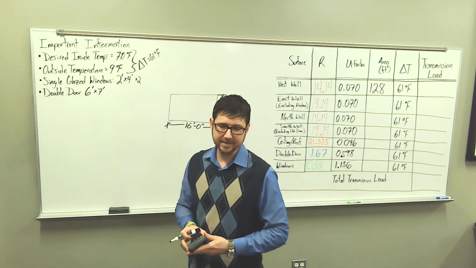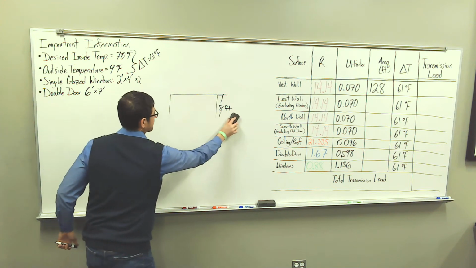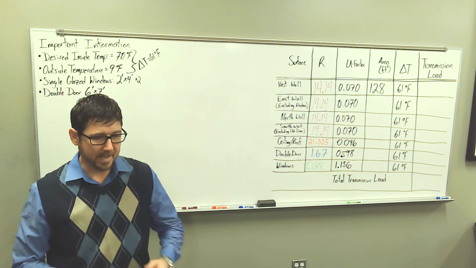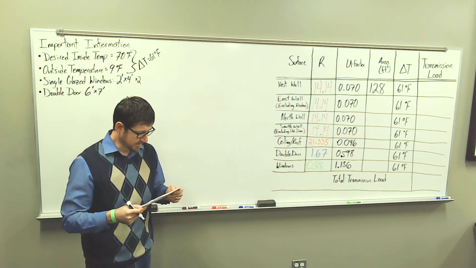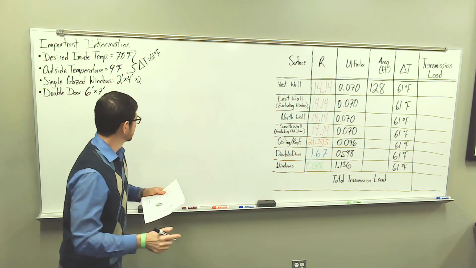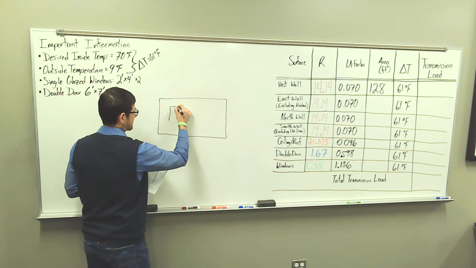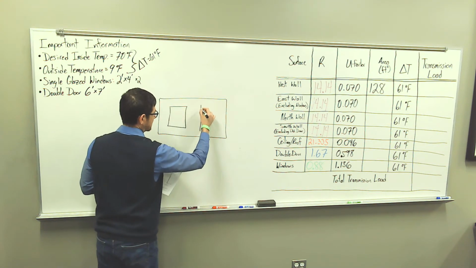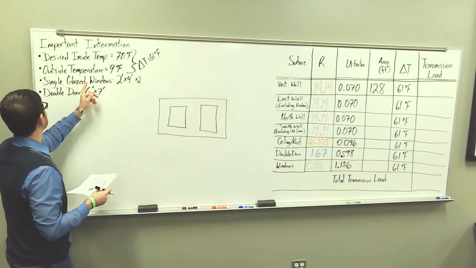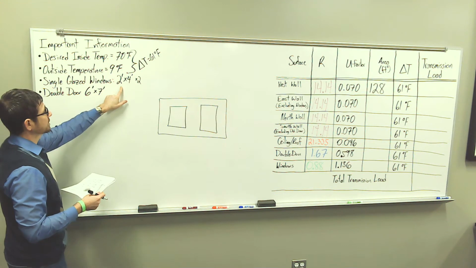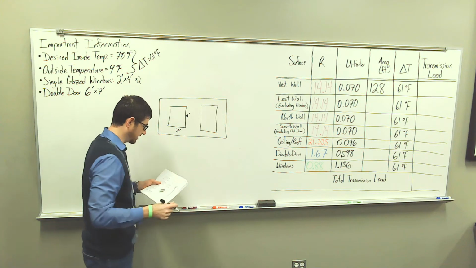Next, let's take a look at the east wall. On the east wall, we need to take a look at the elevation in our plans. In the upper left-hand corner, we have the east wall with 2 windows, and it says that our windows are 2 foot by 4 foot, and we have 2 of them.